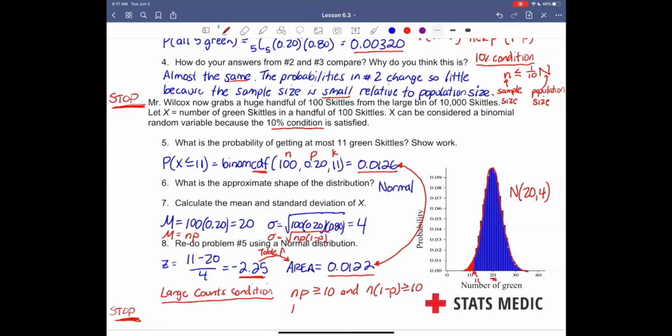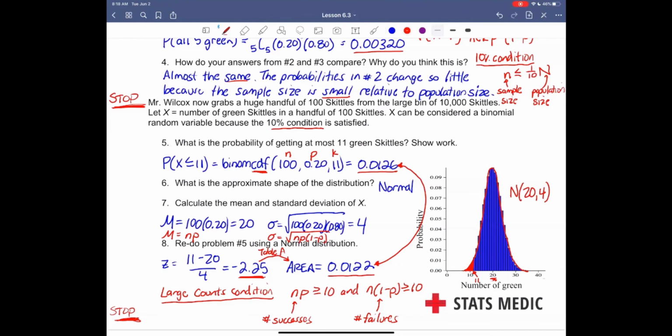And remember that this n times p is really just the number of successes, and this n times 1 minus p is really the number of failures. So we need the number of successes and the number of failures to both be greater than or equal to 10, which would allow us then to use the normal approximation to the binomial distribution.